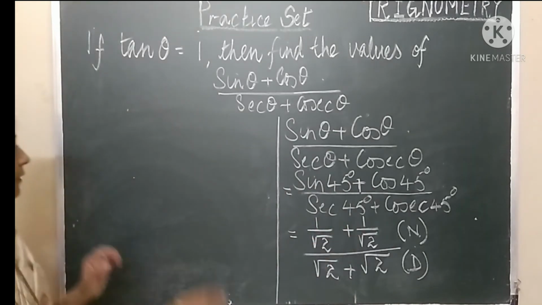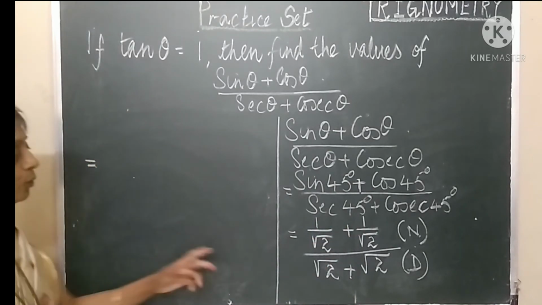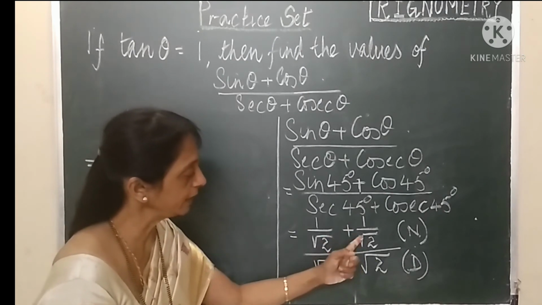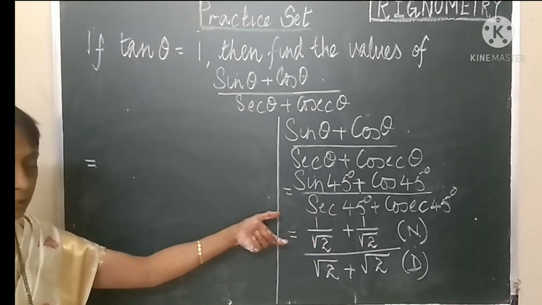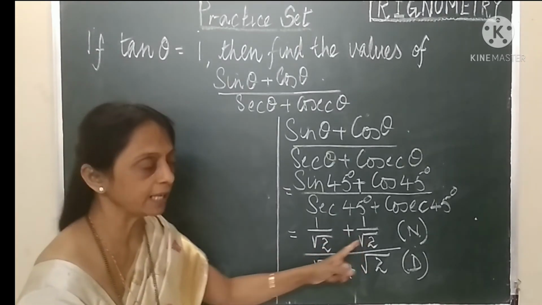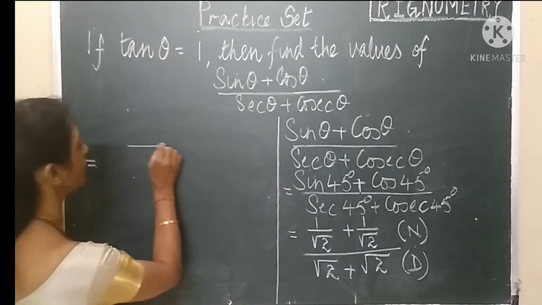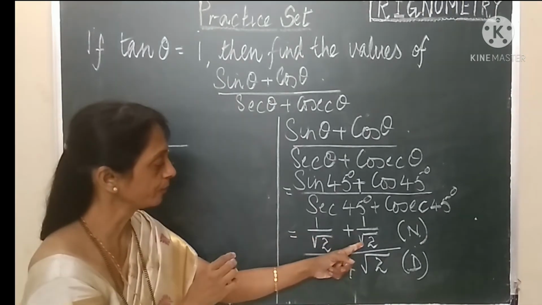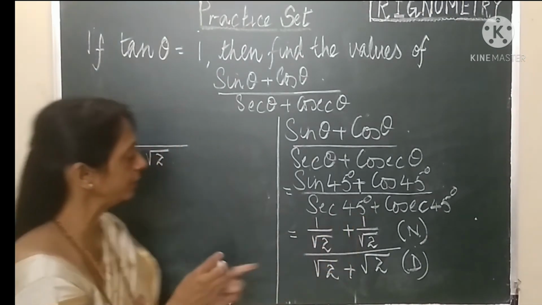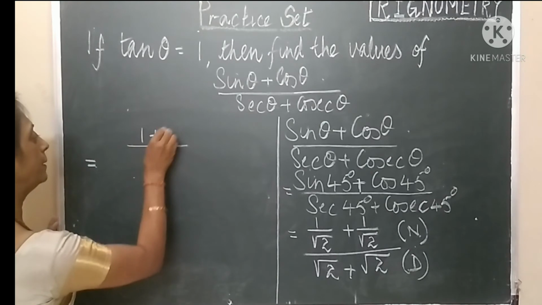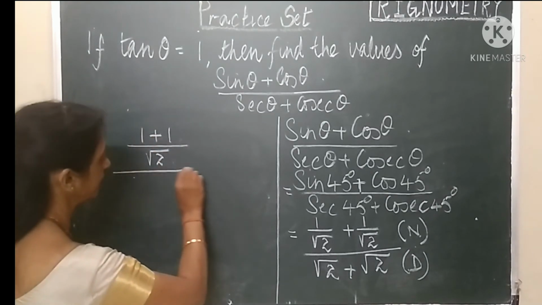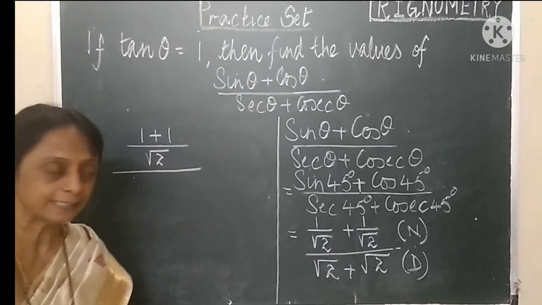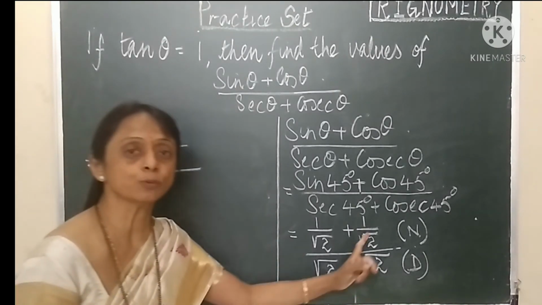In the numerator, we know that both the denominators are the same, so you can put it under a common term, that is root 2, and in the numerator you will have 1 plus 1. In the denominator, root 2 plus root 2, that is 1 root 2 plus 1 root 2.